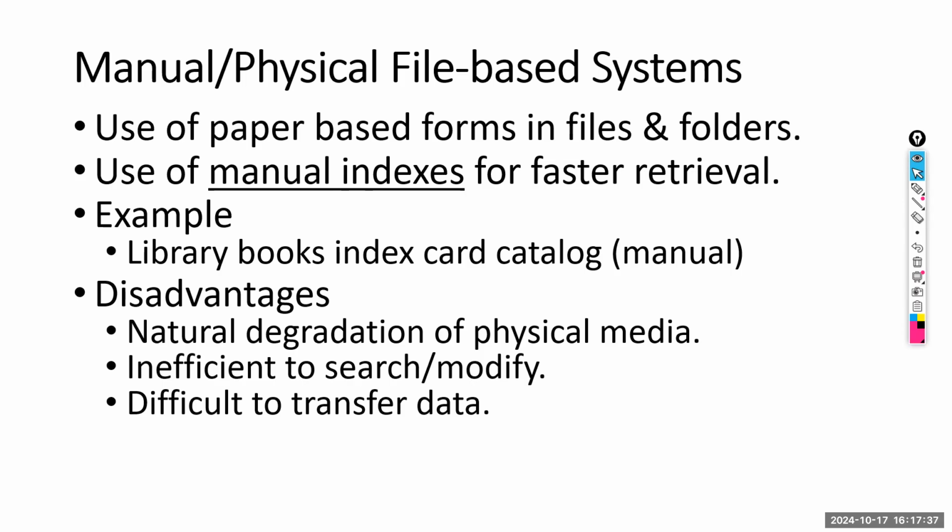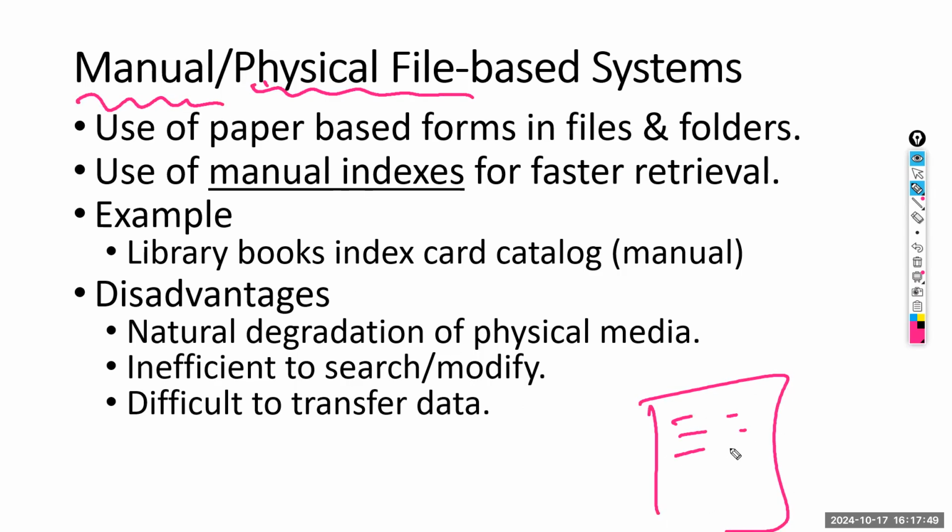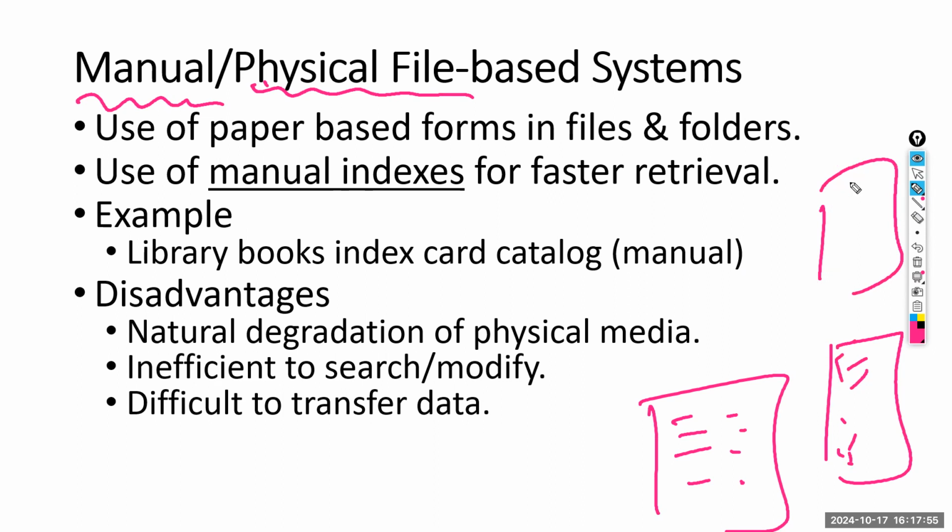Right. Manual or physical file-based system. Physical file-based means paper-based. Manual means humans manually manipulating. You write it on paper. Maybe someone fills the form. You collect it into a file. Those files are kept in folders. If you take a government office, AG office, or land registry, you will see the manual physical file-based systems still in use.